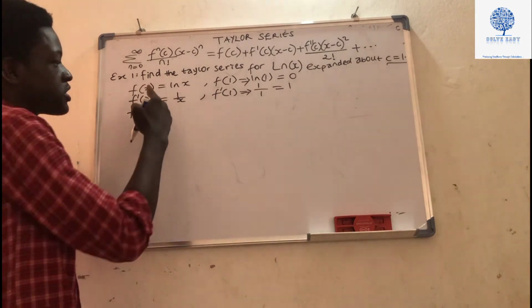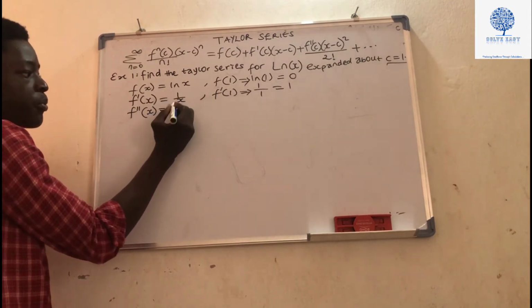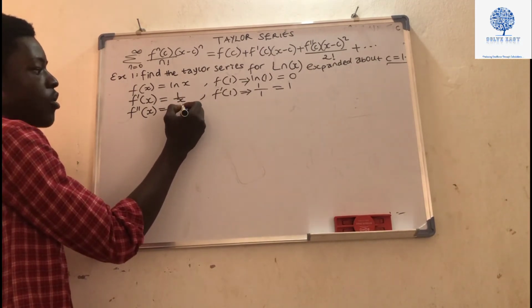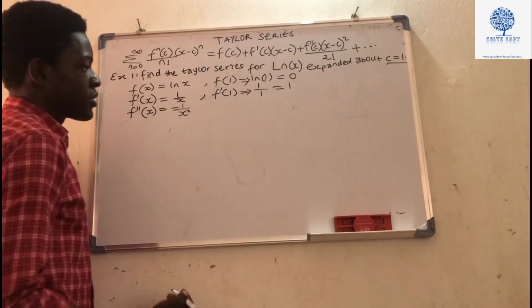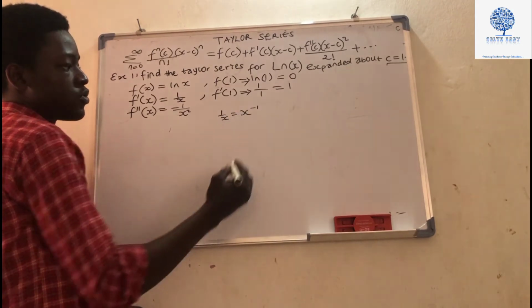Now, f double prime of x is equal to, differentiating this function, we could use a short form by saying we change the sign of the number on top to a negative number and then writing it as 1 all over x squared. Or we could use the normal method, 1 divided by x is equal to x to the power of minus 1.